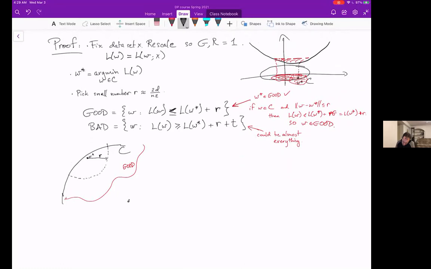One way to see that is that I don't really understand how it intersects with the boundary of C, but I understand that I can find a ball of radius r over 2 that's entirely contained in C. So the ball centered at something a little bit closer than W star, actually W star times 1 minus r over 2.